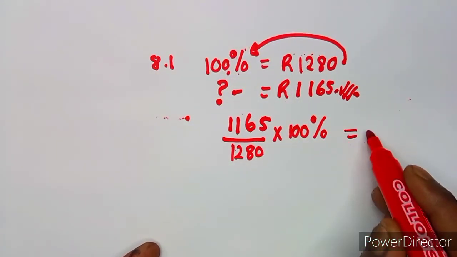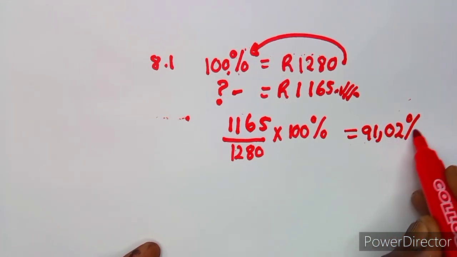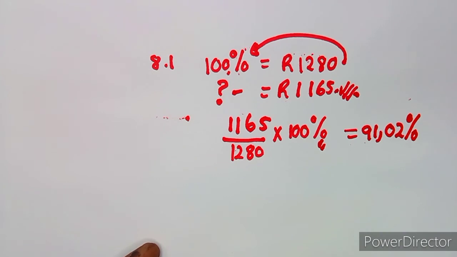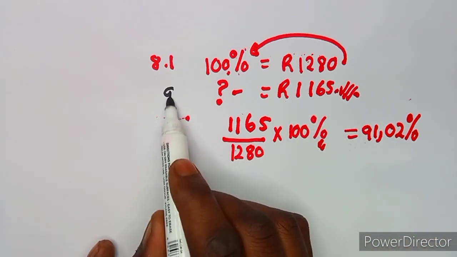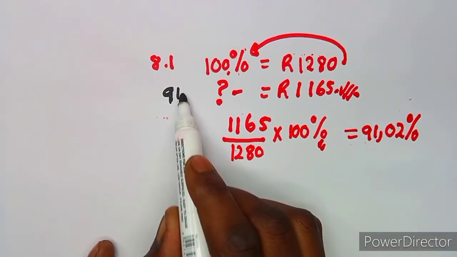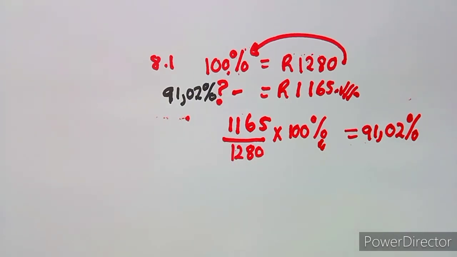So this is going to be 91,02%, since we are multiplying by a percentage there. But this is not the answer, guys, because this is the corresponding value to say at 1,165 rand, the percentage was now at 91,02%. This was the percentage.